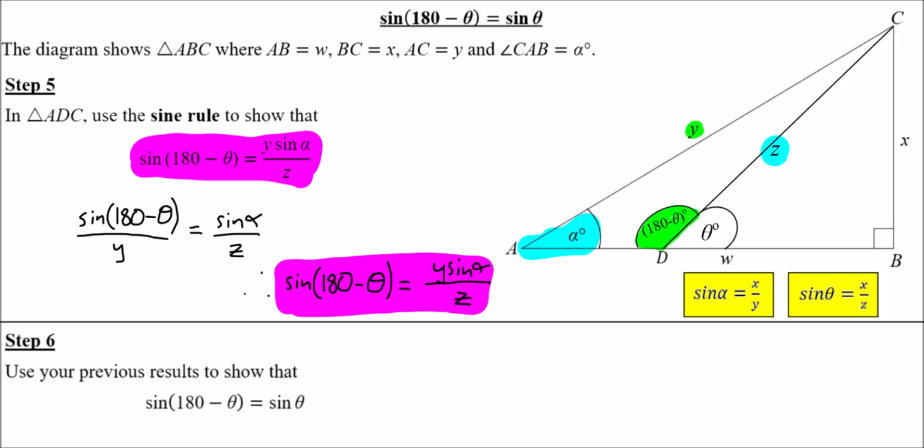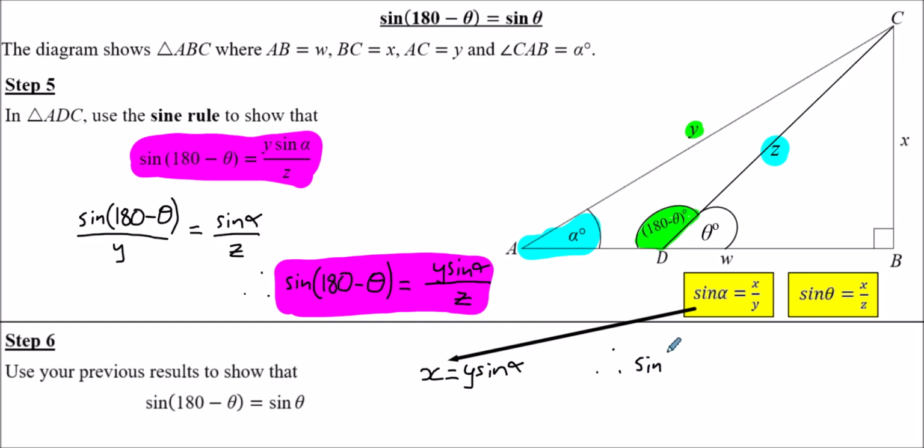So just borrowing this result here, we can rearrange to make x a subject. So we can say that x, just rearranging this one, is equal to y sine alpha. And so because x is equal to y sine alpha, we can substitute this into this I've highlighted in purple.